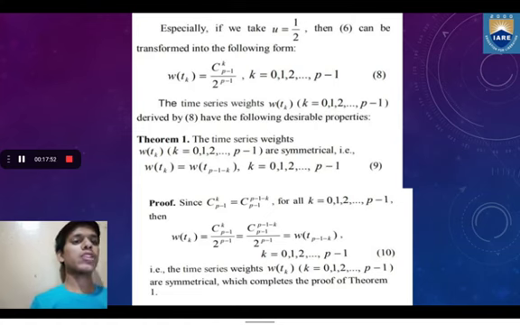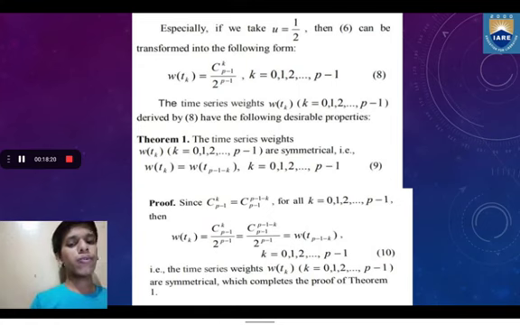Especially if we take u equal to 1 by 2, that is 0.5, then equation 6, which we derived in the previous slide, can be transformed into the following form: w of tk is equal to (p minus 1) C k by 2 to the power p minus 1. The time series weights derived have the following desirable properties.